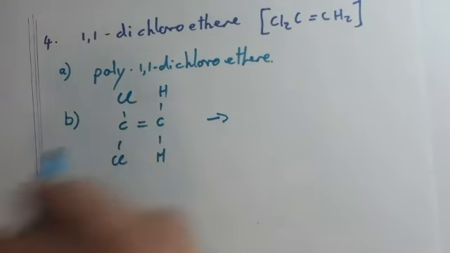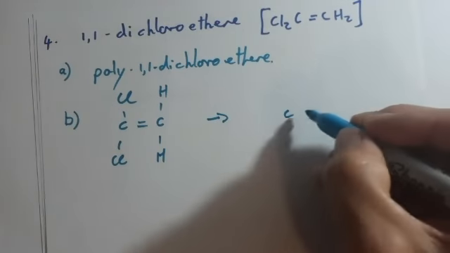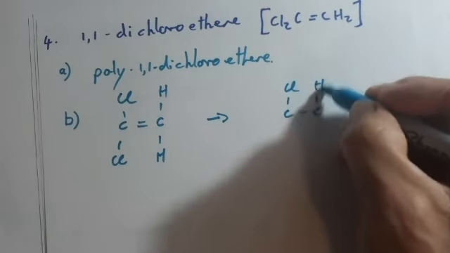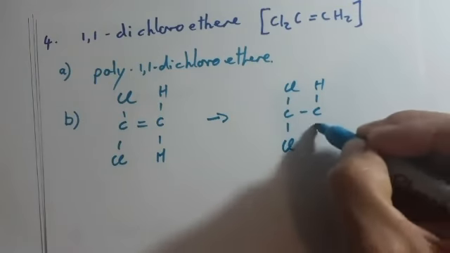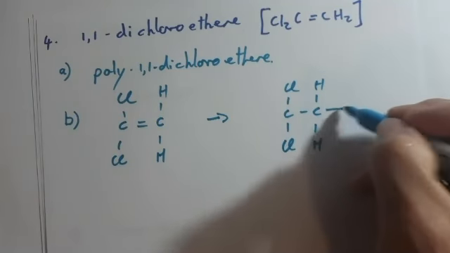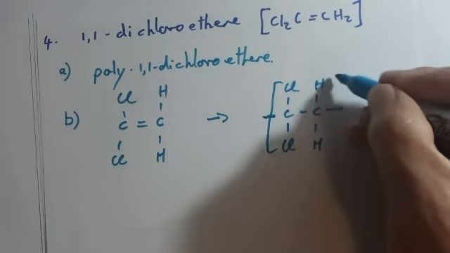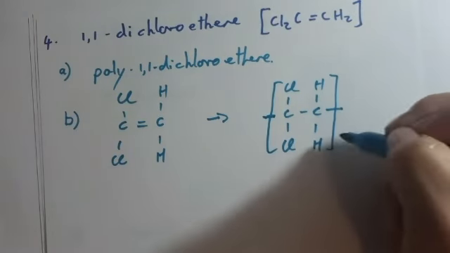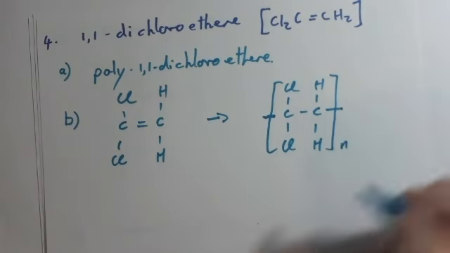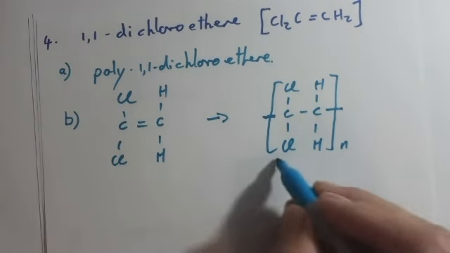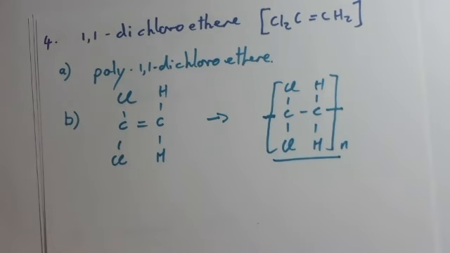Well, we break that bond and we get carbon, carbon, Cl, hydrogen, and it's going to be multiple repeats. This is the way that they indicated with square brackets. So n times that. So this is called your monomer in there.